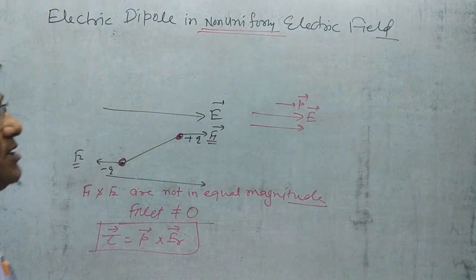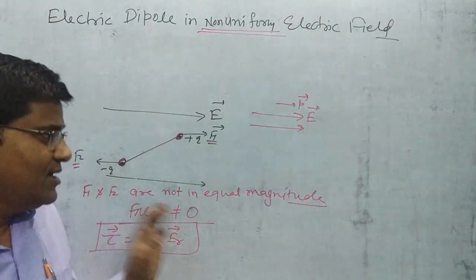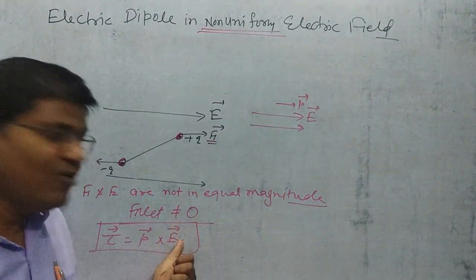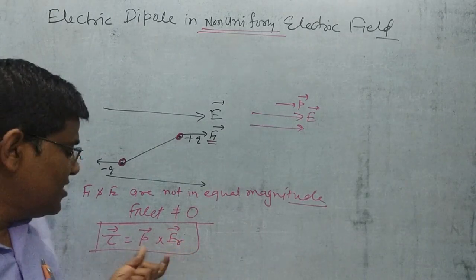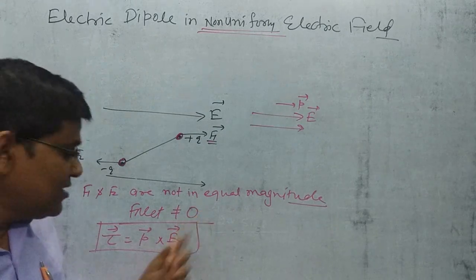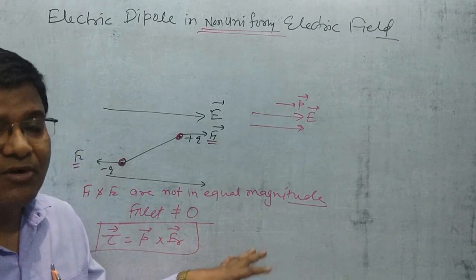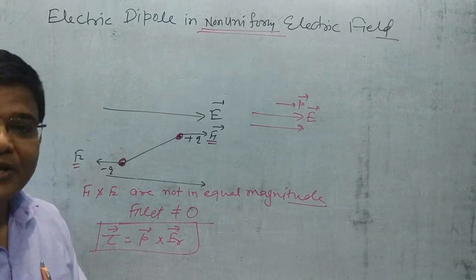So in a uniform electric field, net force is 0, while in a non-uniform electric field, net force is not 0, and torque depends upon the position and how it is placed. Okay. Thank you.